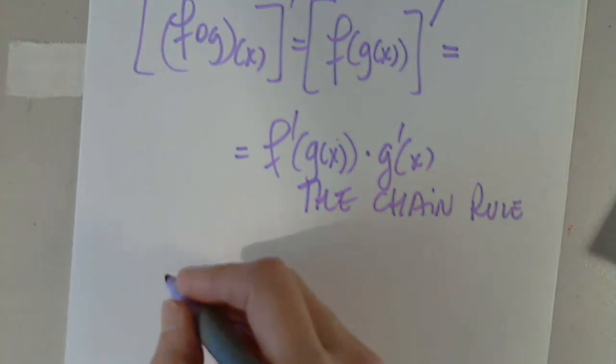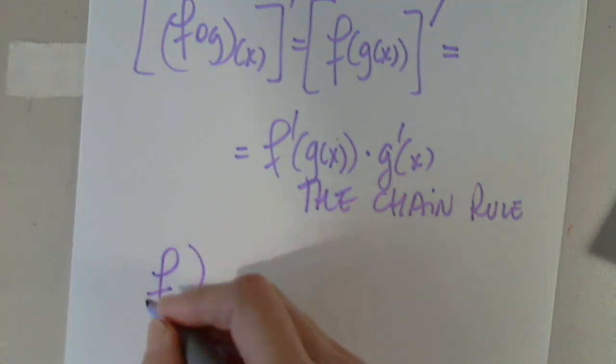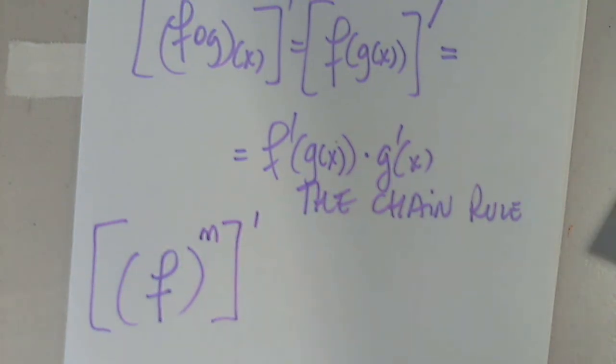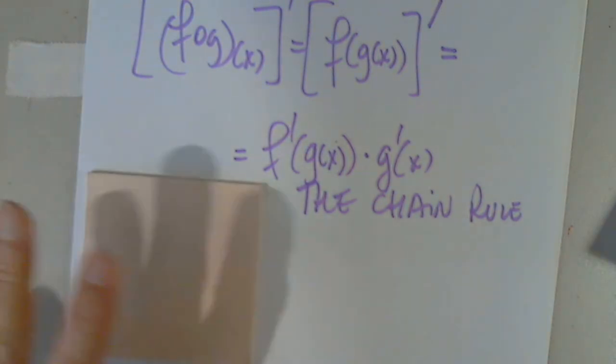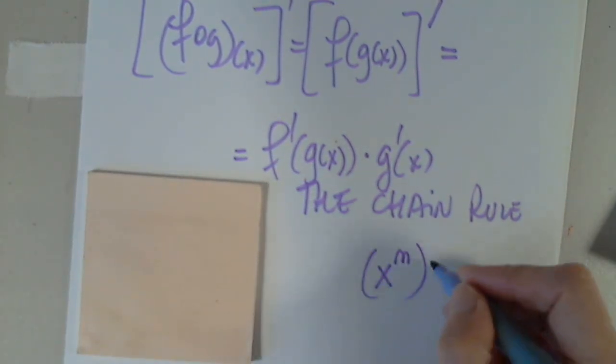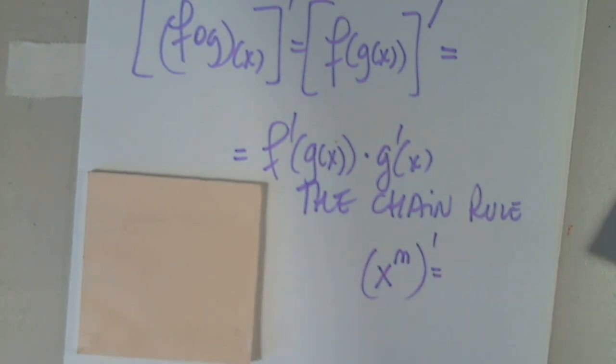Now, what if I have a function raised to power n that I'm asked to differentiate? Before we discuss this one, let's go back for a second to x to the nth power prime. What do I get when I differentiate x to the nth power? Can anyone refresh our memory?